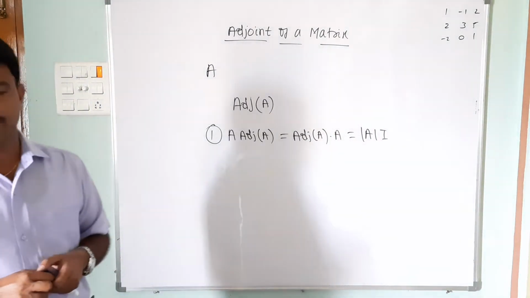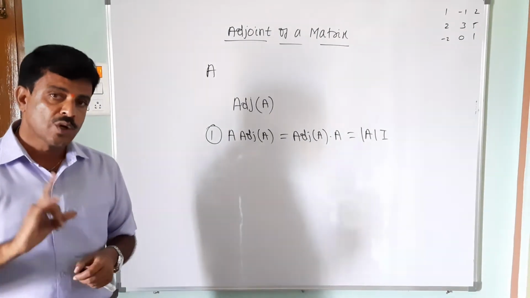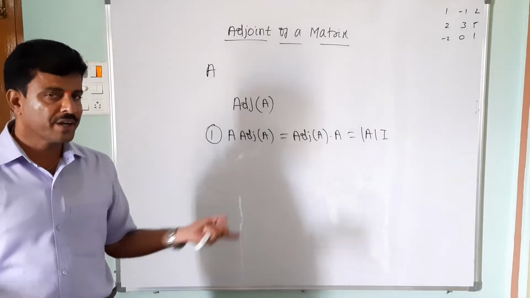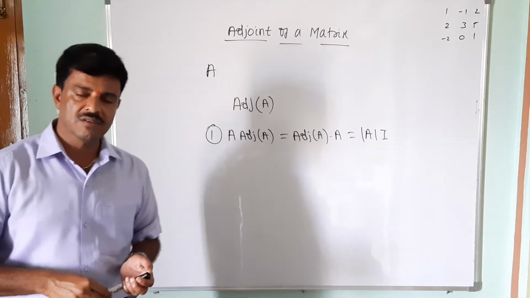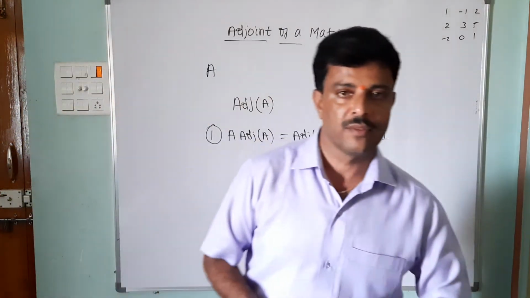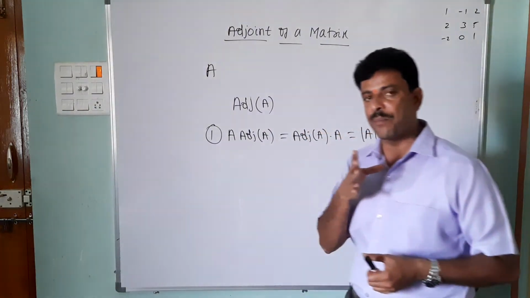For 2 cross 2 it is 1 0 0 1, and for 3 cross 3 it is 1 0 0, 0 1 0, 0 0 1. This is the identity matrix.